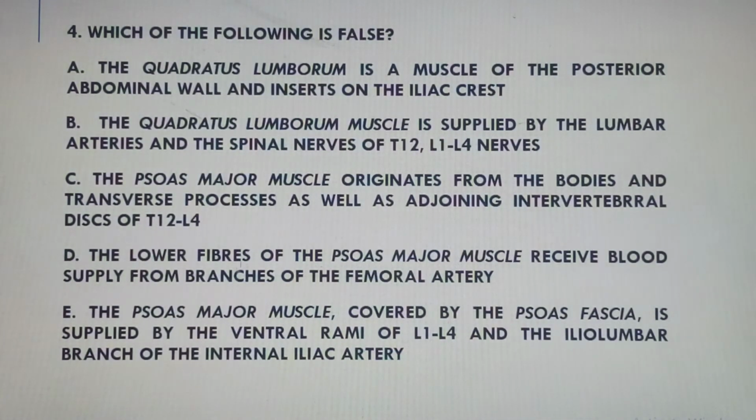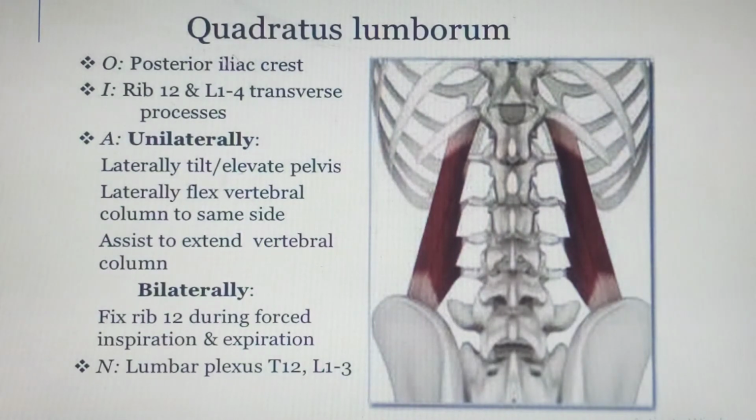Because the fibers actually move superomedially, it actually originates from that side. So it originates from the iliac crest, okay? Because I told you that any other muscle apart from the external oblique muscle having some attachment to the iliac crest will actually be originating there, except external oblique. It's only the external oblique muscle which will be inserting there.